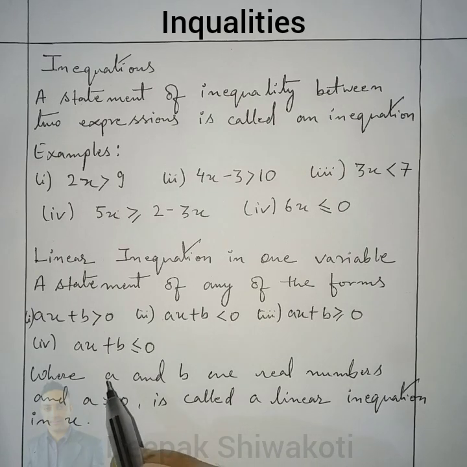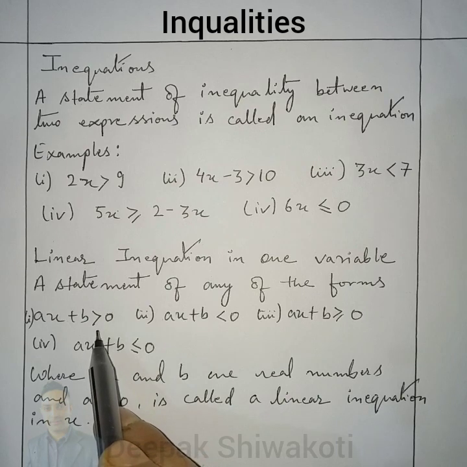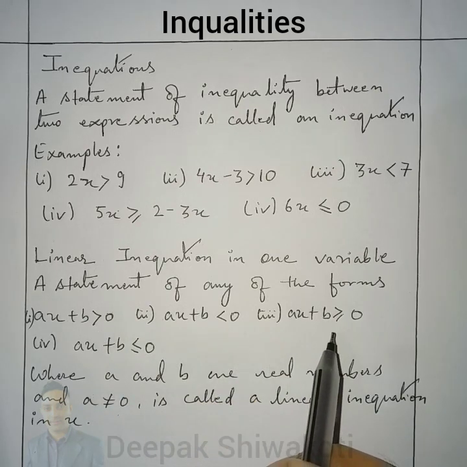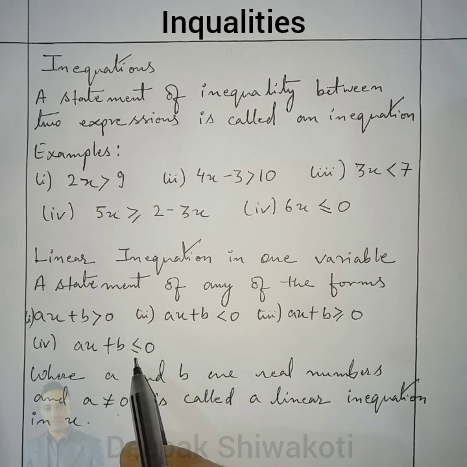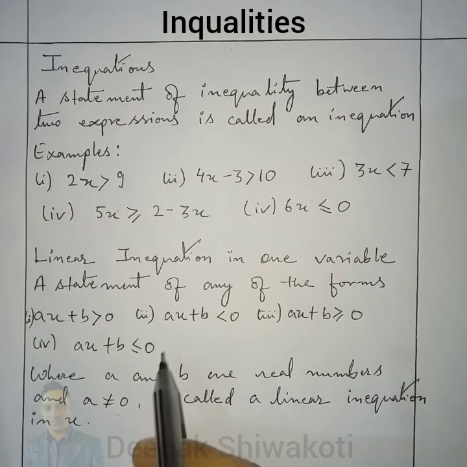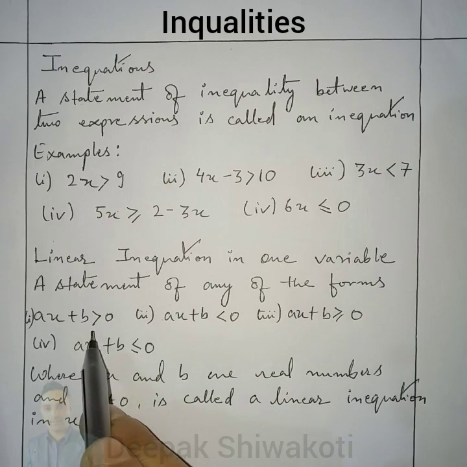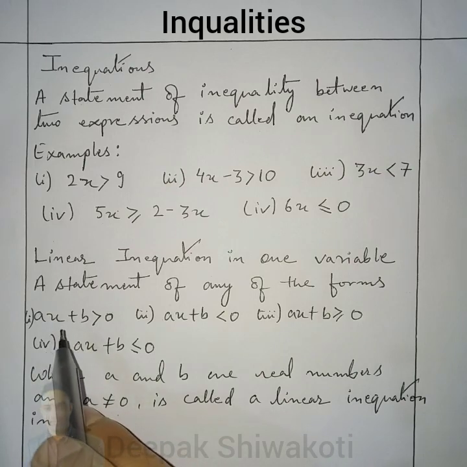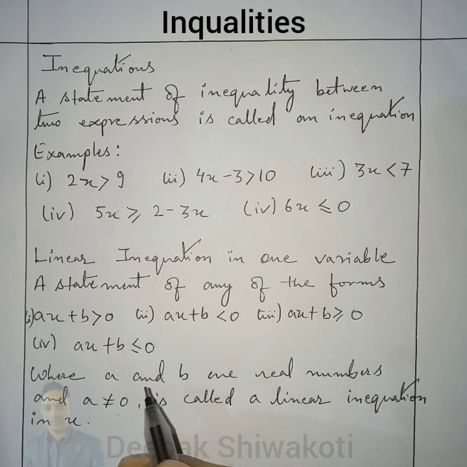So there are four forms: greater than, less than, greater than or equal to, less than or equal to, and a and b are real numbers, which means they are constants, like 1, 2, 3, 4, 5, 6. And a cannot be 0.